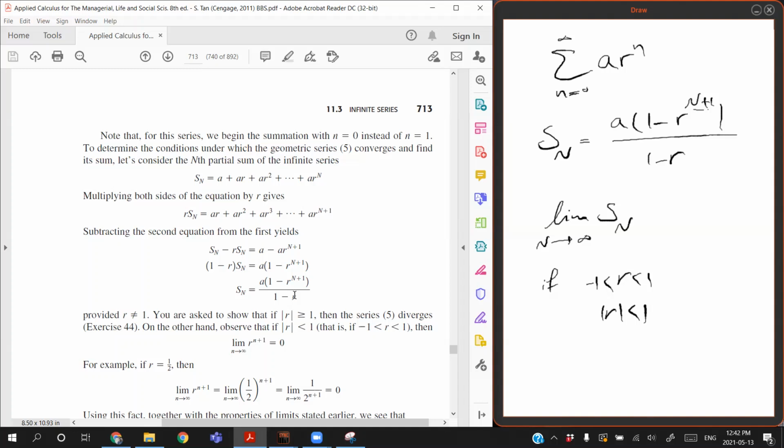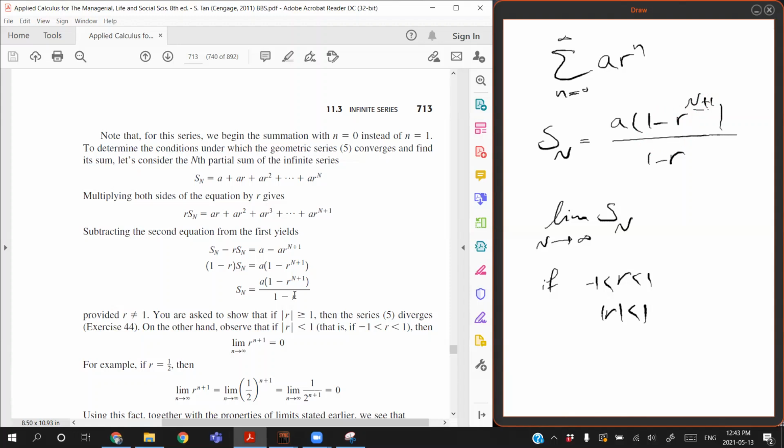What happens when you raise 1 over 2 to the power of 2, then 3, then 4, then 5? You get 1 over 2, then 1 over 4, then 1 over 8, then 1 over 16, then 1 over 32. It keeps getting smaller and smaller. If you have a number that's greater than 1, raising that to the power of infinity will give you infinity.